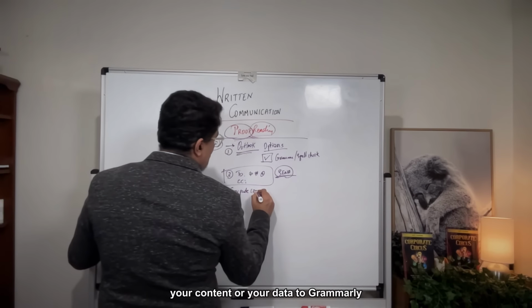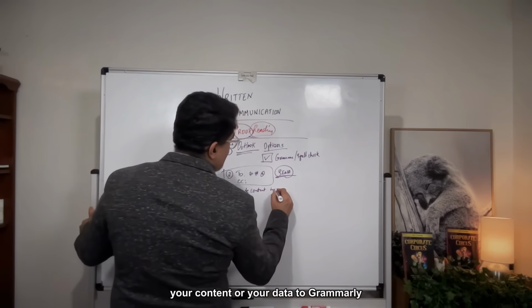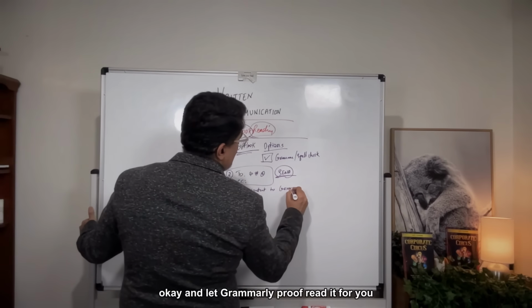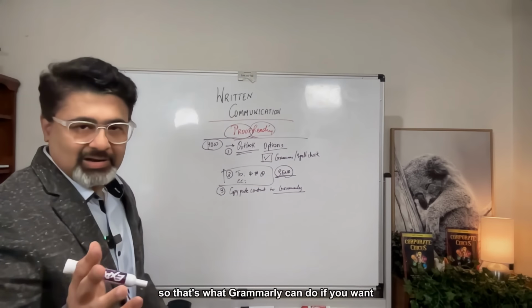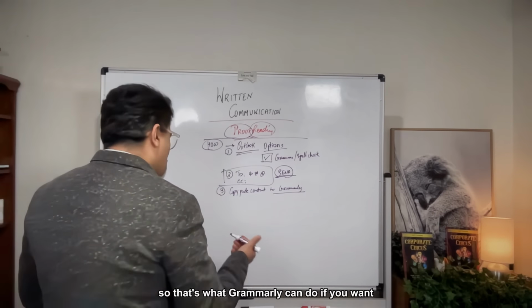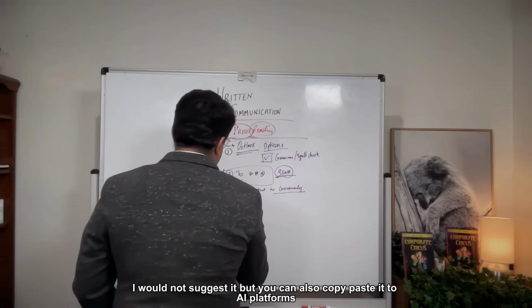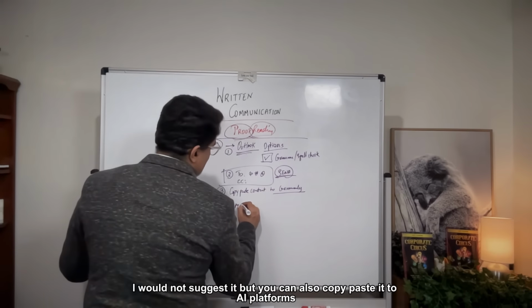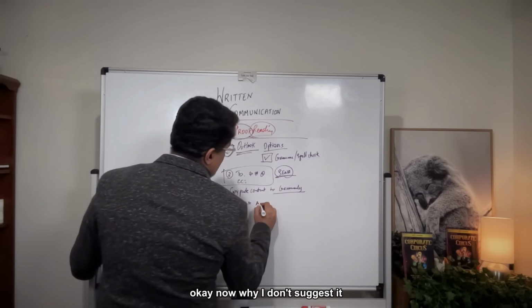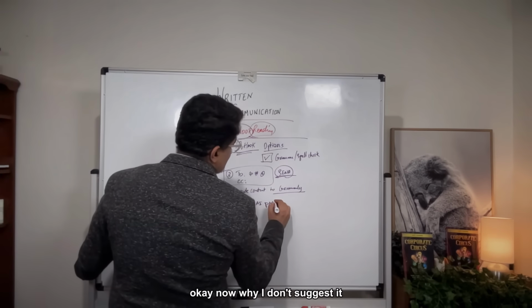Now the third way is that you copy paste your content or your data to Grammarly, and let Grammarly proofread it for you. So that's what Grammarly can do. If you want, well, I would not suggest it, but you can also copy paste it to AI platforms. Now why I don't suggest it?